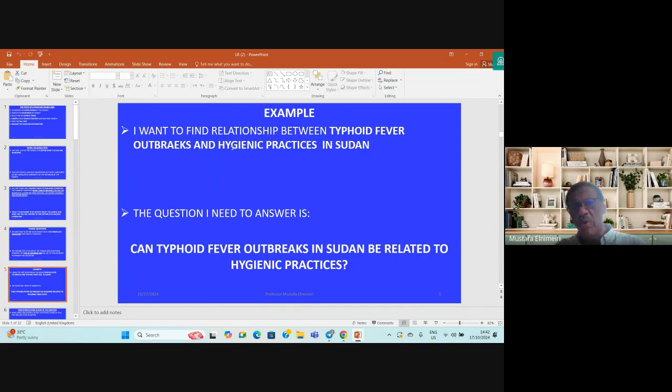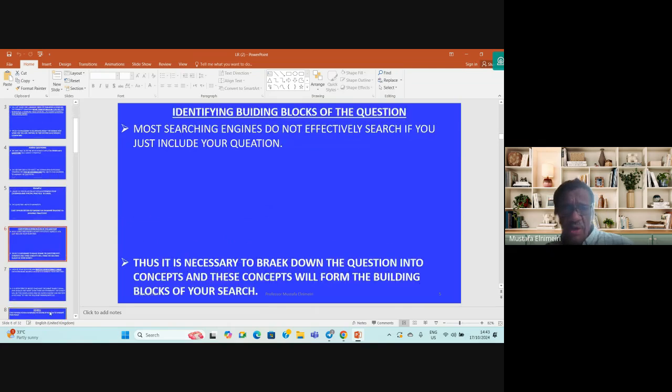For example, if I want to find the relationship between typhoid fever outbreaks and hygienic practices in Sudan, then the question I need to answer is, can typhoid fever outbreaks in Sudan be related to hygienic practices? And then you identify the building blocks of the question. Most search engines do not search adequately if you just include your question.